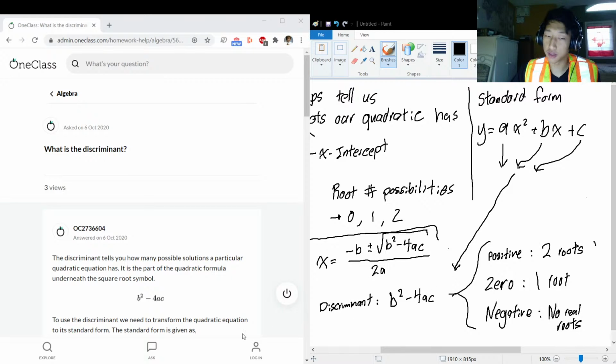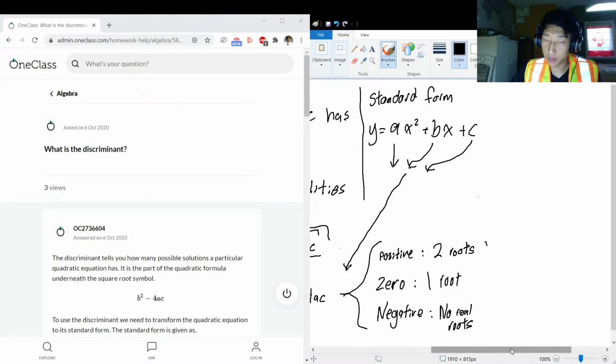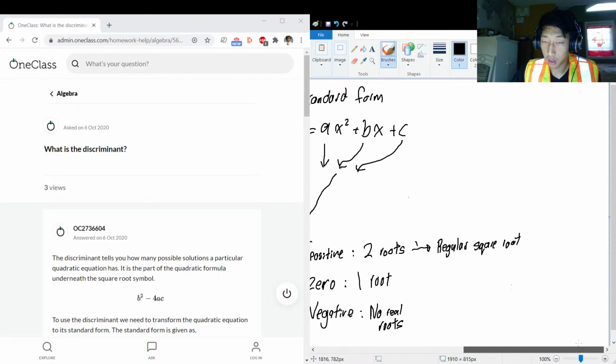Okay, so let's see what will happen to our quadratic formula. Consider this. The discriminant is always under the root, right? So if it's positive, we get a regular square root, and that will give you a value.